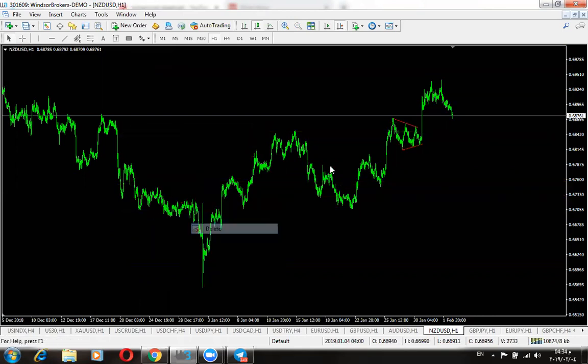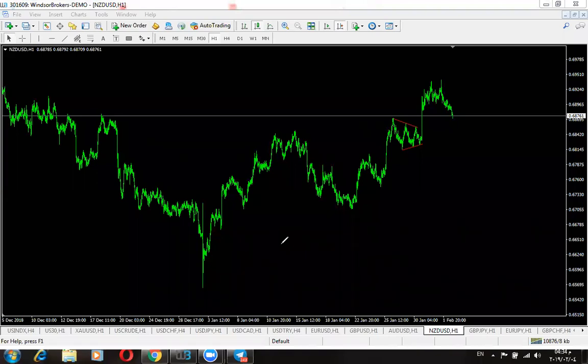We have this A, B, C to the upside, but we could not make this A, B, C for a simple reason.